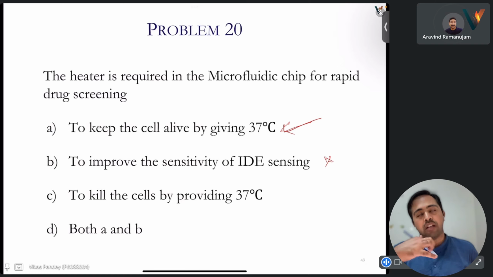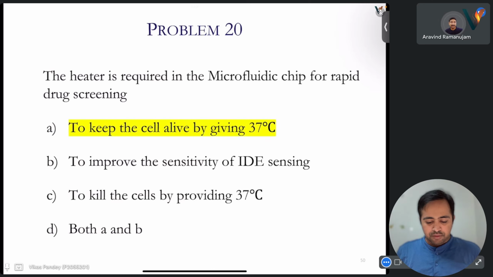If it had been done, and it was found that at 37 degrees Celsius the ID gives the best sensing performance, then we could have said that, but that part has not been done anywhere. Certainly, ID sensing performance will differ with temperature; it might increase or decrease. So it is option one only.